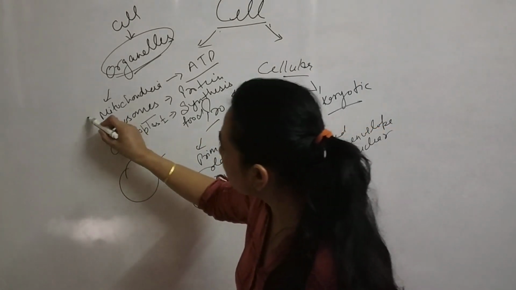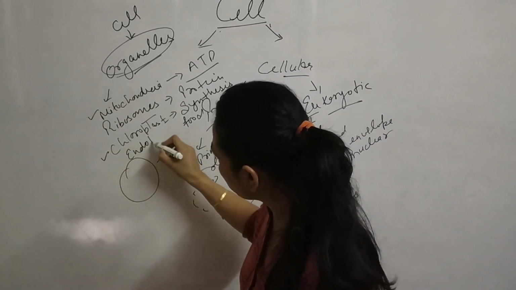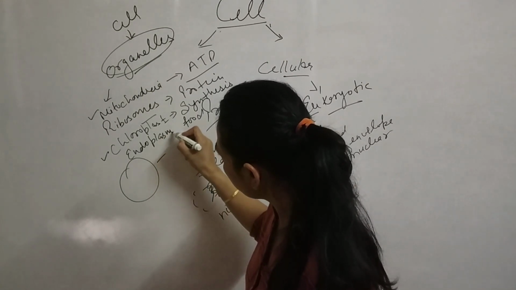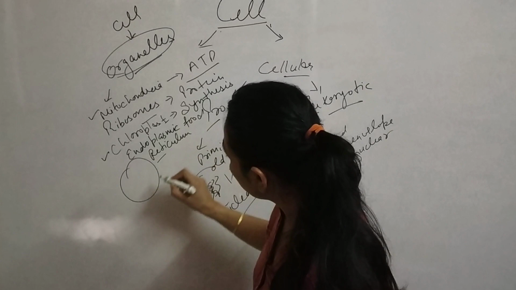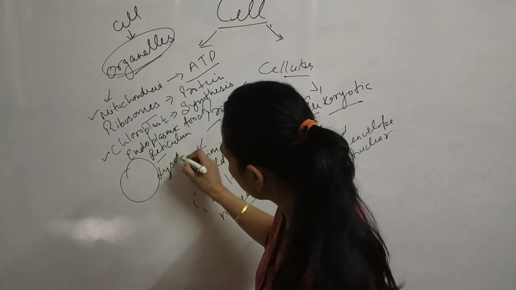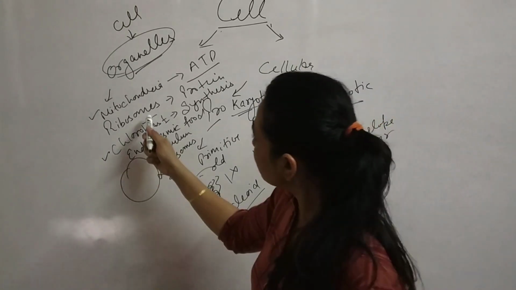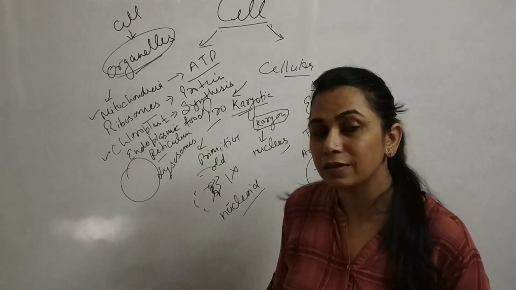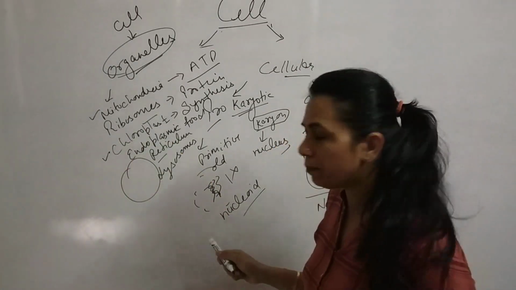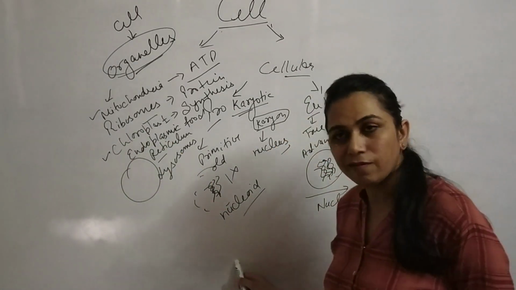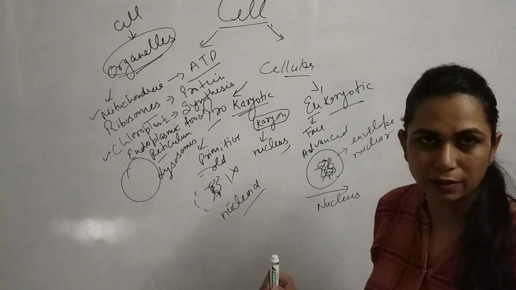So in this, mitochondria, chloroplast, endoplasmic reticulum, lysosomes, these organelles are membrane bound organelles. While ribosome, which is involved in protein synthesis, is not a membrane bound organelle. So in prokaryote, all these membrane bound organelles are absent, while in eukaryote, all these membrane bound organelles are present.